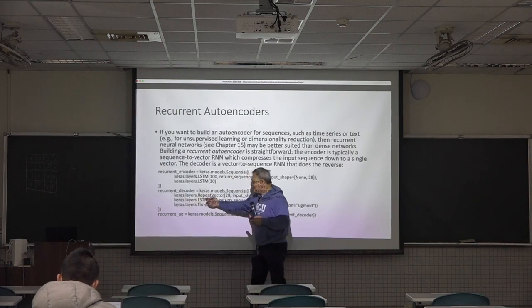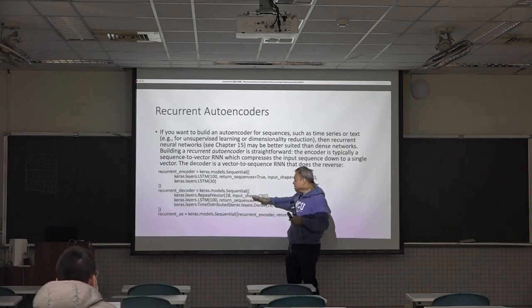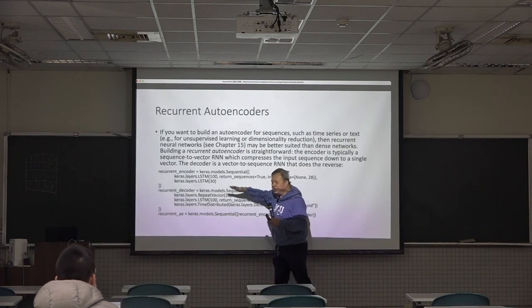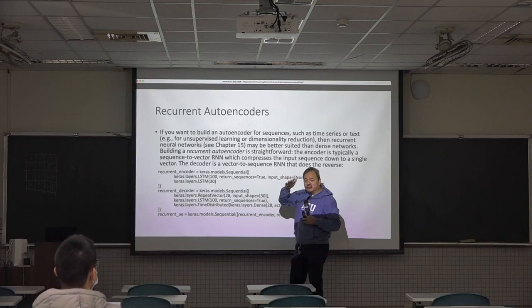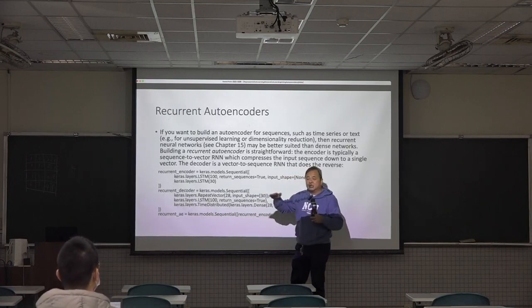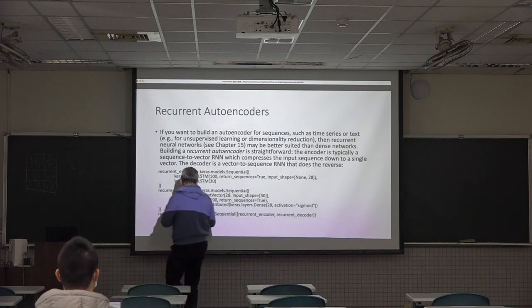we use keras.layers.RepeatVector(28) with input shape 30. That just means that at each time step, we take these 30 values of the coding output in order to create a sequence for the following recurrent layer.